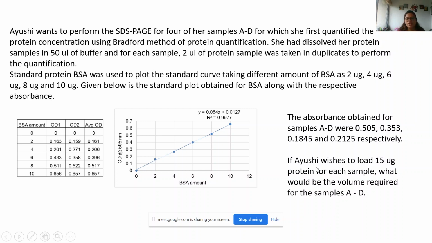So you can take your time, solve this question, take this information, absorbance for protein A to D, standard curve, and then we can discuss this. If you have any doubt, you can ask me.